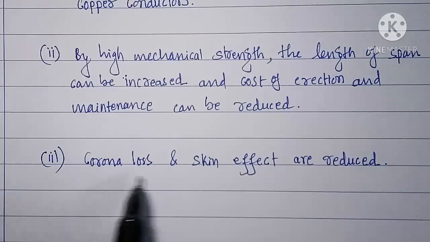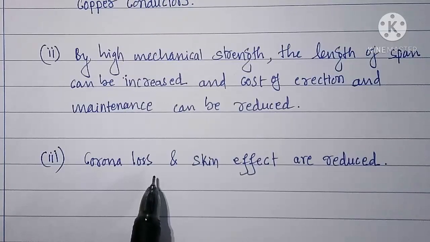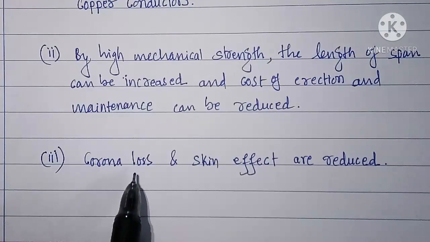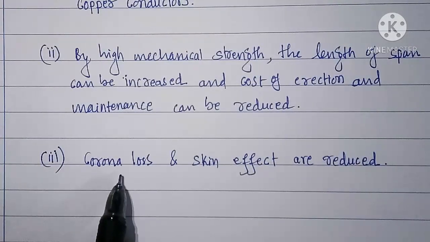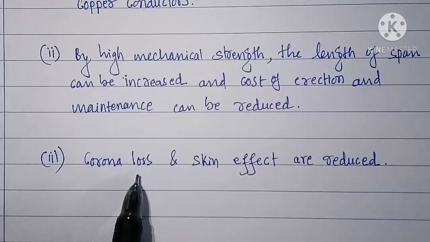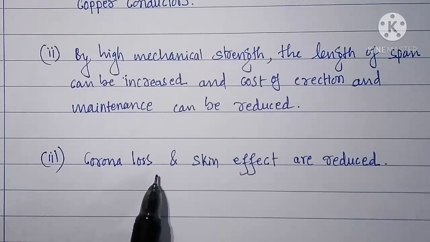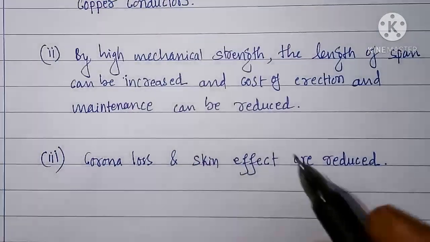So I just ask you to relate corona loss with the radius of conductor to find out whether corona loss is inversely proportional to the radius of conductor or not, right?